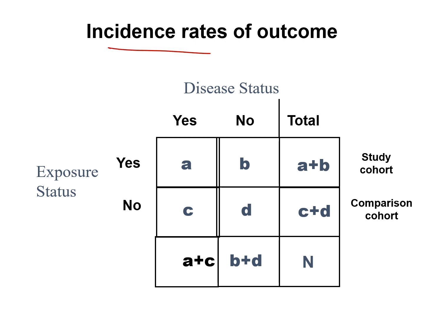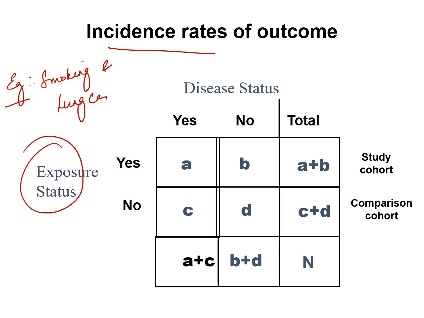Now let's first understand how to calculate the incidence rates. We'll take an example of smoking and lung cancer. In the exposure status, we have the smokers and the non-smokers. Among the disease status, we have individuals who have lung cancer and those who do not.